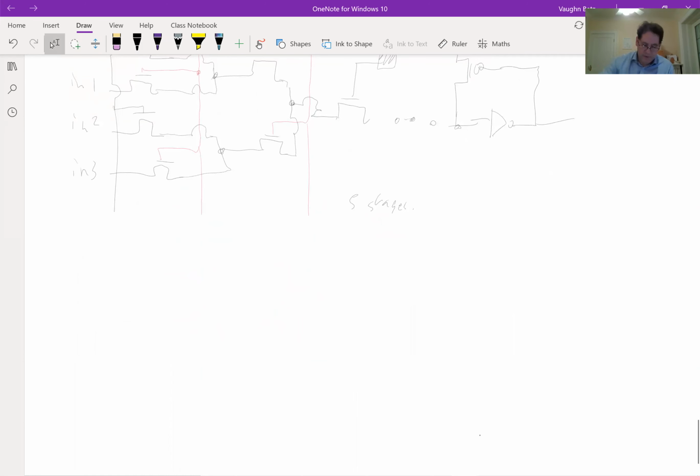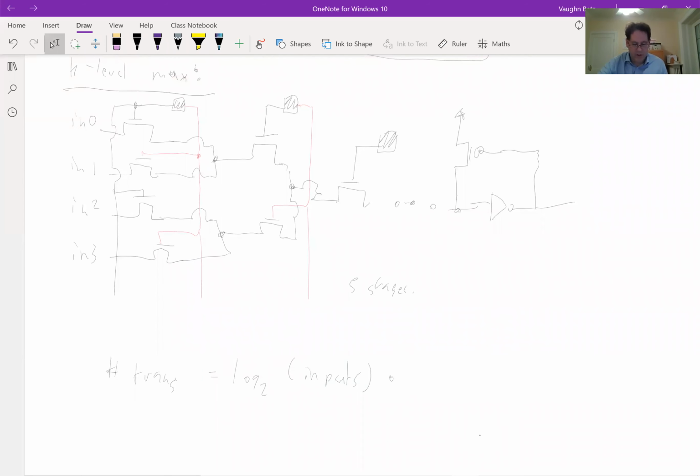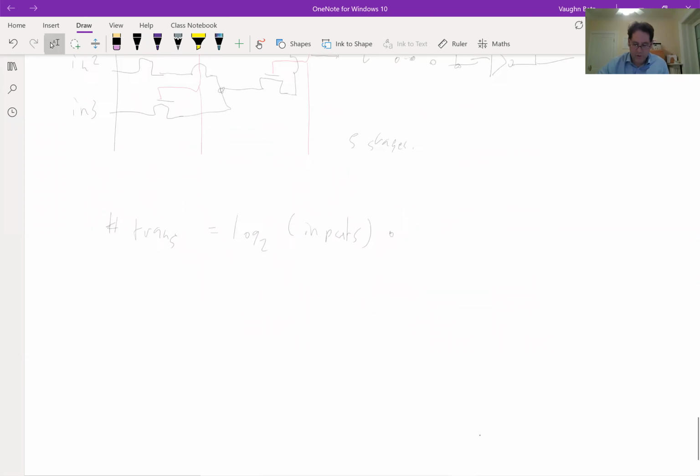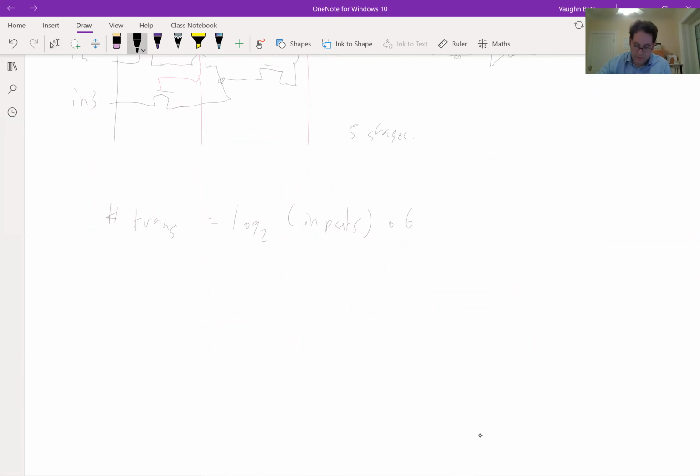Okay, so if I add up the number of transistors in this, it's basically log base 2 of the inputs. That's how many SRAM cells I need. I only have one SRAM cell controlling each stage. So log base 2 of the number of inputs times the number of transistors per SRAM cell. Okay, so that's my SRAM.